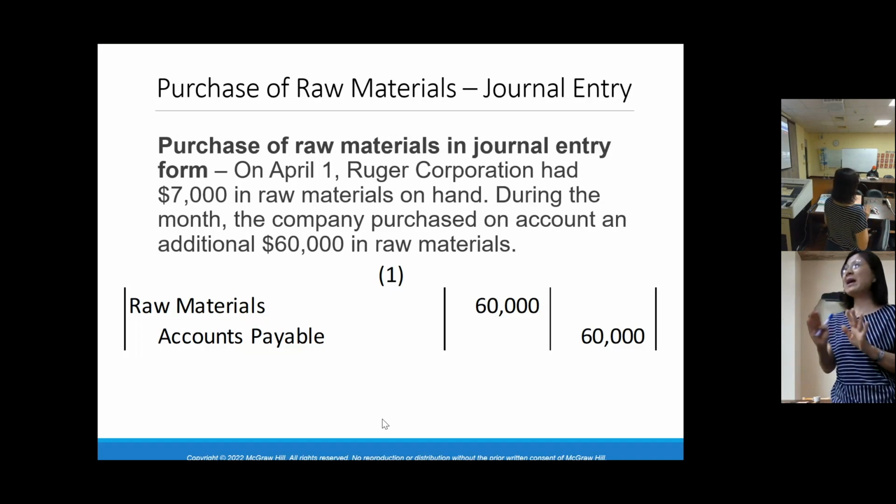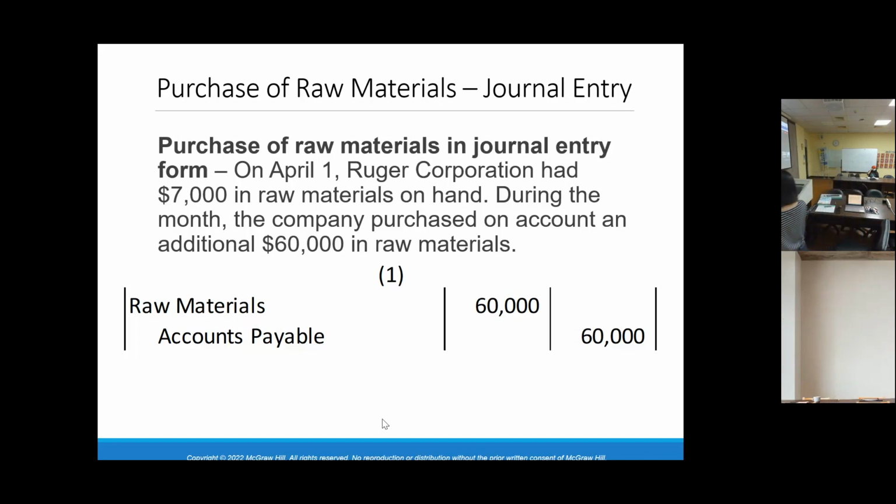That means you haven't paid it yet, so you incurred accounts payable, and accounts payable is a liability account. So your raw material increased by 60,000, and your accounts payable also increased by 60,000. Raw material is an asset account, and on the other side, your liability also increased. So the equation is still equal.